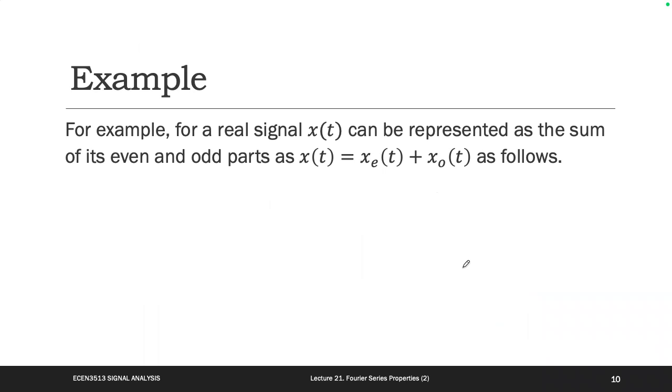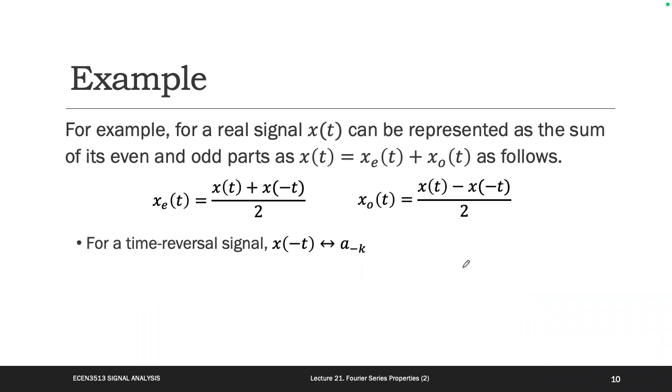For example, for a real signal, x(t) can be represented as a sum of even and odd parts, like this one, and the one below is similar. For a time reversal signal, we have the FS coefficient as this one, and we have already talked about that.